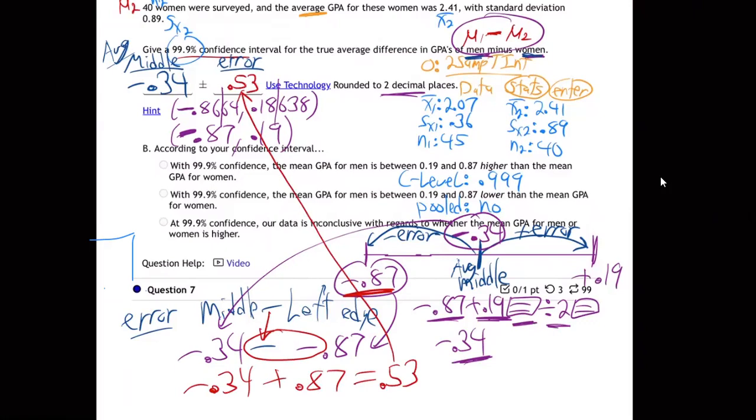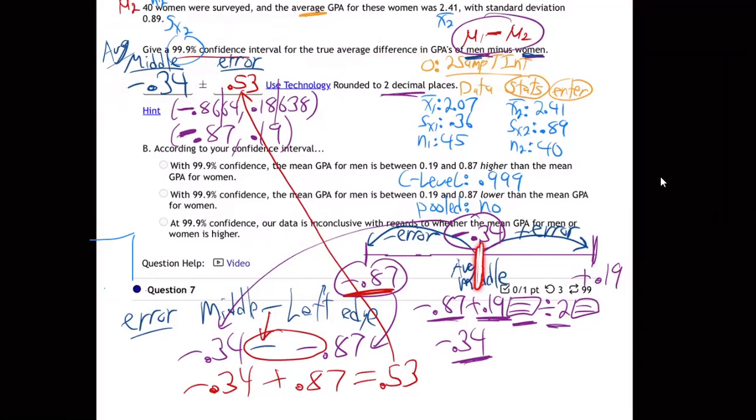Okay, so there's that part of the answer. So what we're saying then is that we're 99.9% confident that the true average difference, men minus women, is negative 0.34. That's the middle of the interval, give or take an error amount, because we're not 100% sure that's exactly going to be the true difference between all men and women in the world.